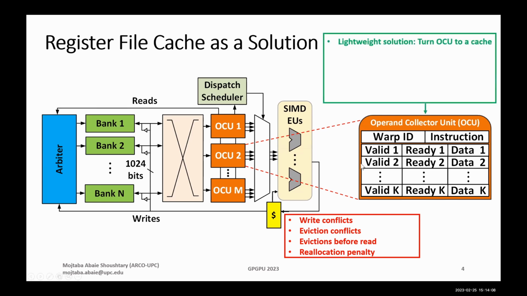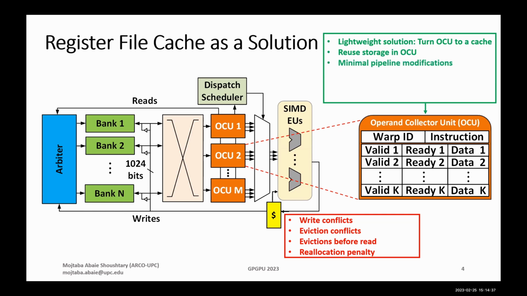To solve these issues, we were thinking of designing a cache that is lightweight and reuses all the resources we already have on the chip. For example, in this proposal, we were aiming to create a lightweight cache in the collector units. In the collector units, we already have storage to keep the values.